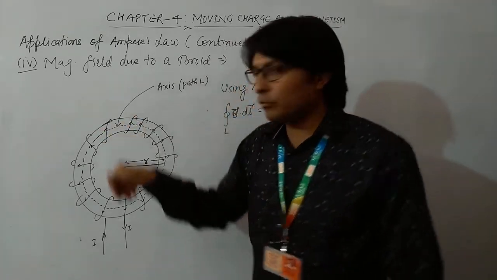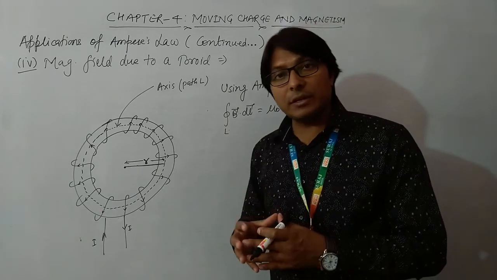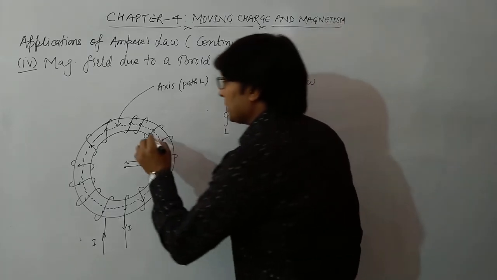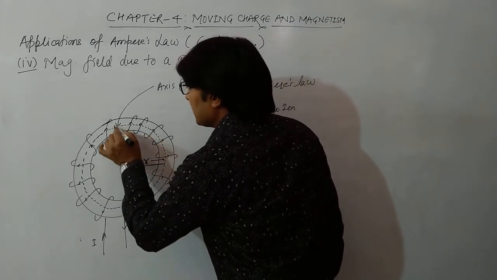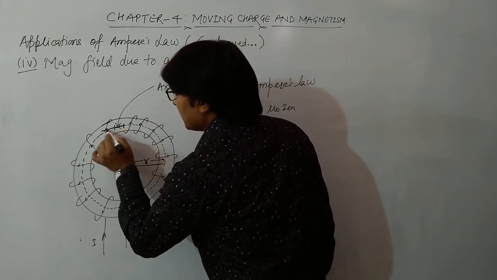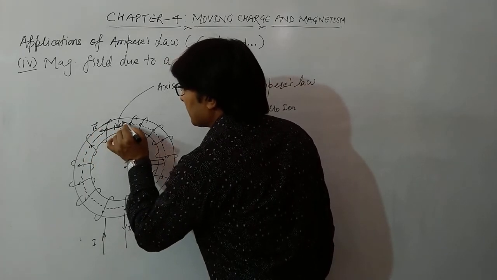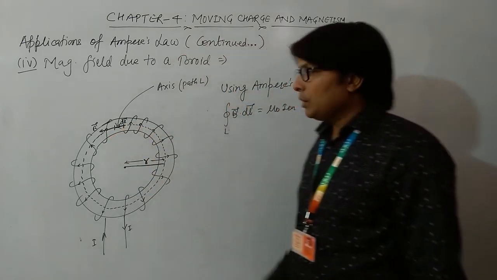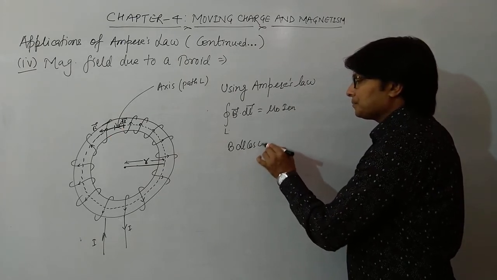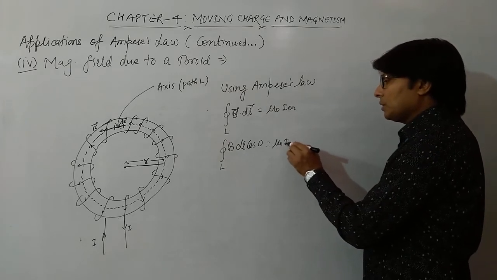So the magnetic field will be in the tangential direction, along the tangent at any point. I am assuming this as dl vector, and the direction of the magnetic field will itself be along the tangent at this point. So the direction of B vector and dl vector will be the same. Here I can write B dl cos 0, integrated over path L, is equal to mu 0 I enclosed.